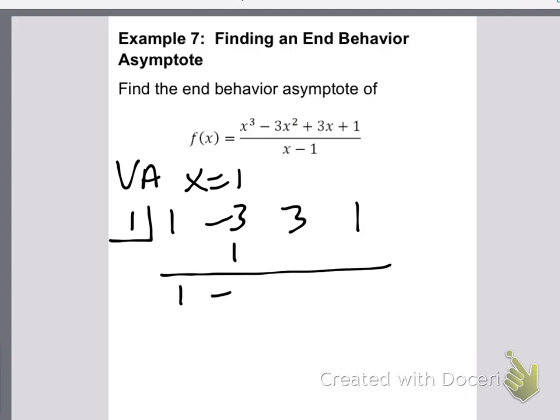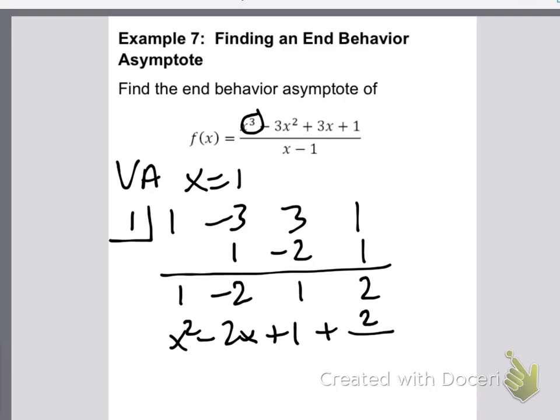Drop the 1, negative 2 times 1. When you do synthetic division, your resulting polynomial will be 1 degree less. So I've got x squared minus 2x plus 1 plus the remainder, which is 2 over x minus 1.